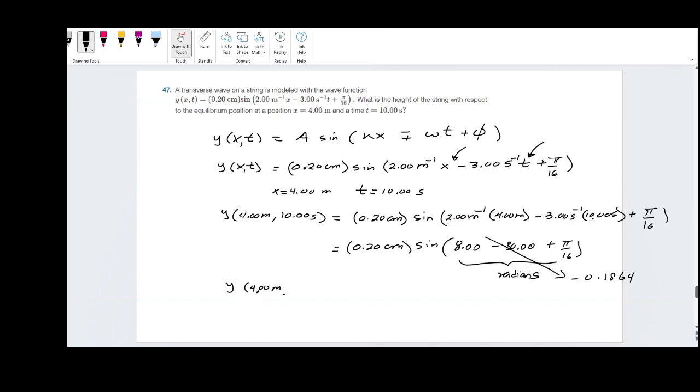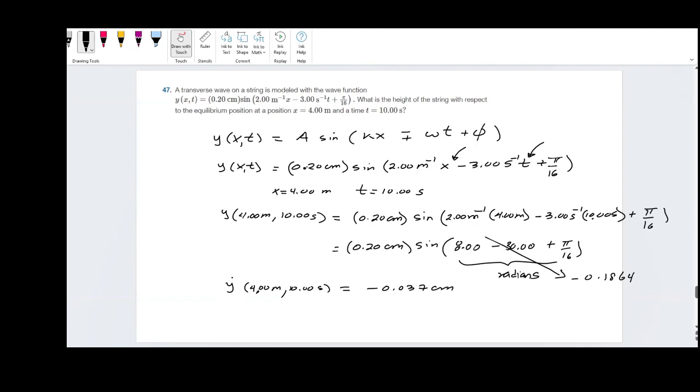So you can say that y of 4.00 meters comma 10.00 seconds, so y of x comma t in this case, will be equal to minus 0.037 centimeters. So we know that the wave at this point, or the string, right? It's just the wave that is propagating on a string.